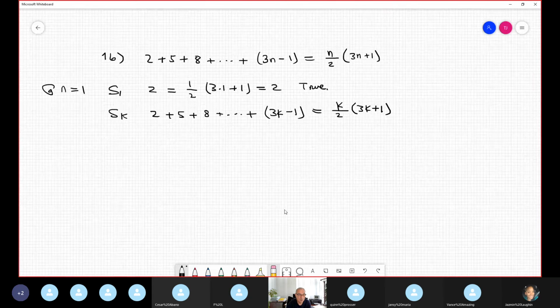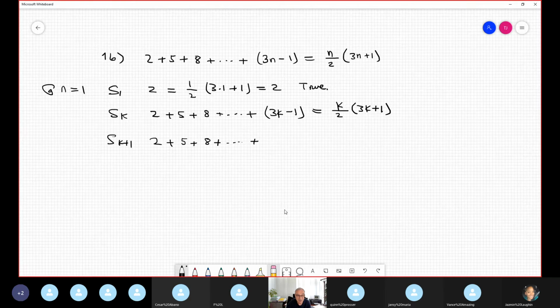Now I try S of k plus 1. I copy exactly the same, except that I include one extra: 3k plus 1 plus, and the extra is k plus 1.